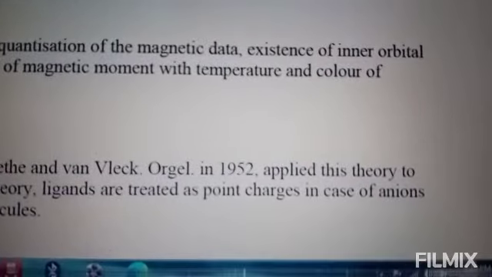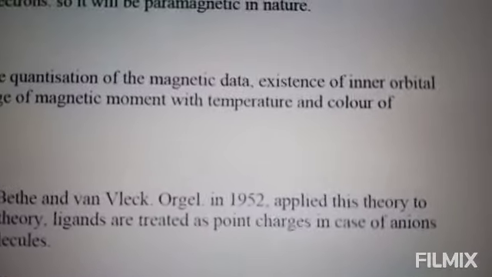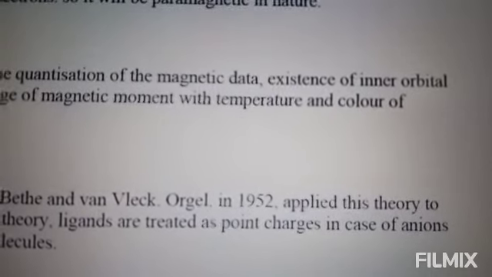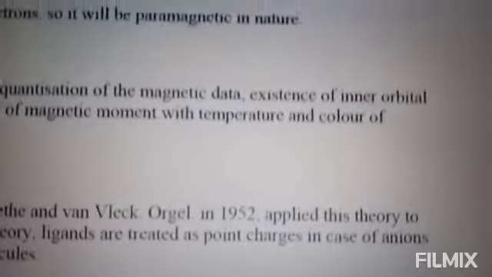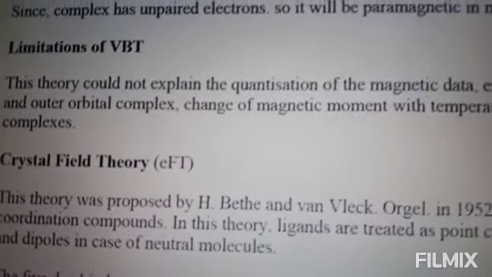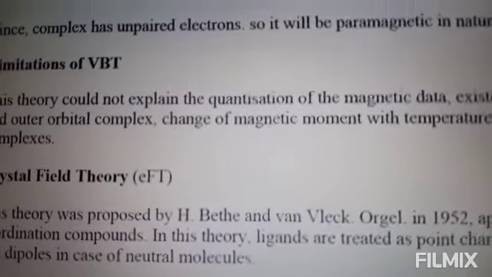That means the change of magnetic properties with temperature cannot be explained. If temperature is increased, the magnetic properties will decrease, and why it is so cannot be explained by this theory. Again, it does not explain why most of the coordination compounds are colored. So these are the limitations of this theory.